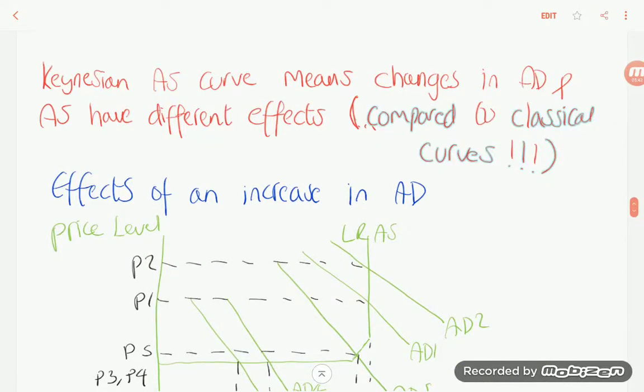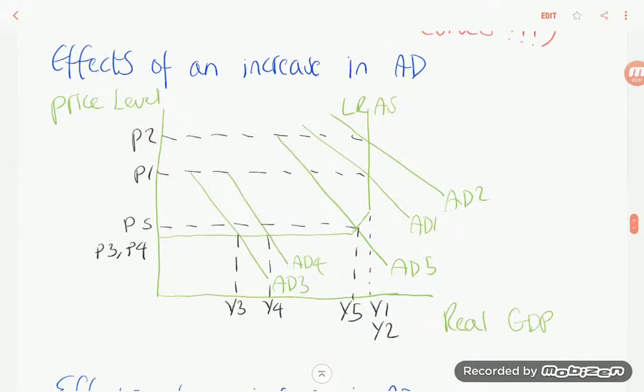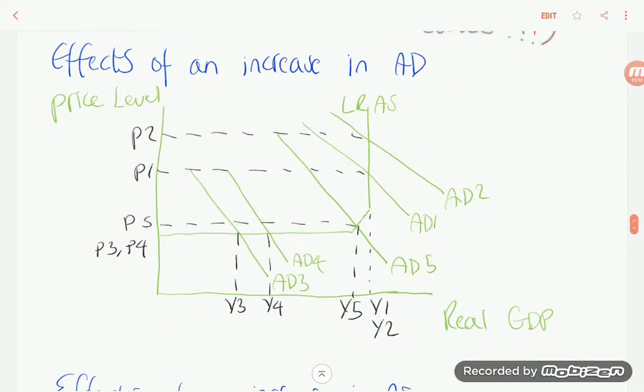The Keynesian AS curve means changes in AS and AD have different effects. So I strongly suggest you draw this diagram before we go any further. With a Keynesian LRAS curve, the effects of an increase in AD can be slightly different.